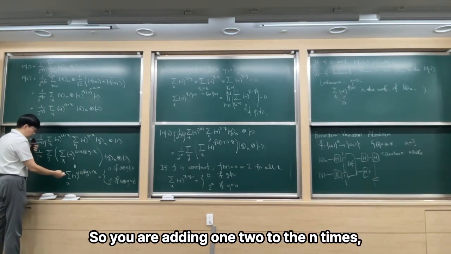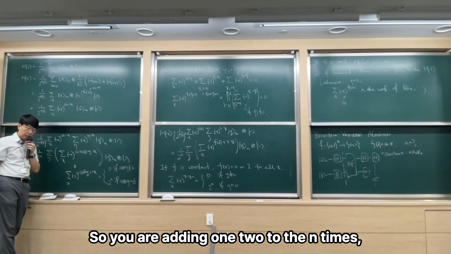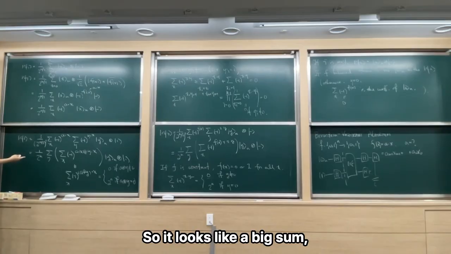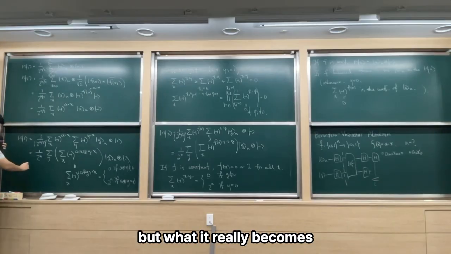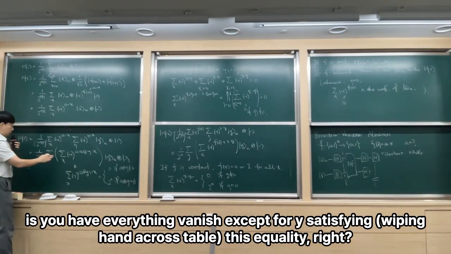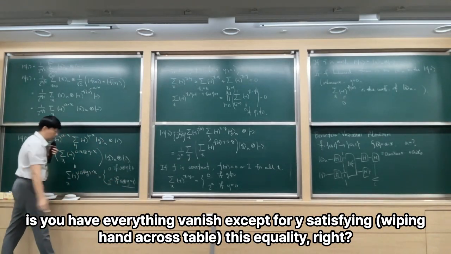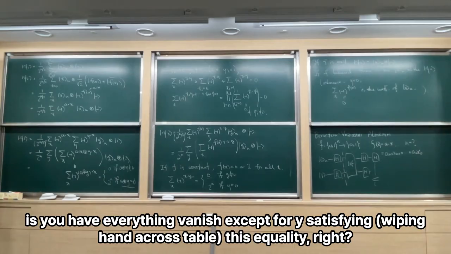So you're adding 1 2 to the n times, so you get 2 to the n, which is non-zero. So it looks like a big sum, but what it really becomes is that everything vanishes except for y satisfying this equality.